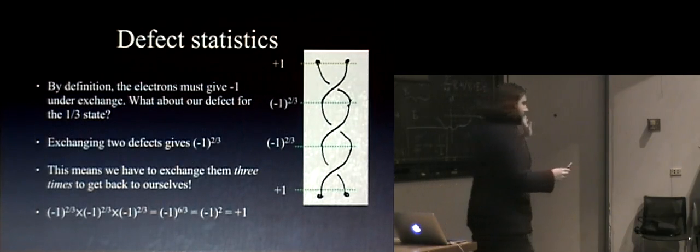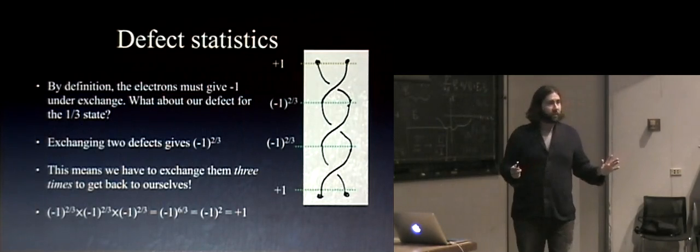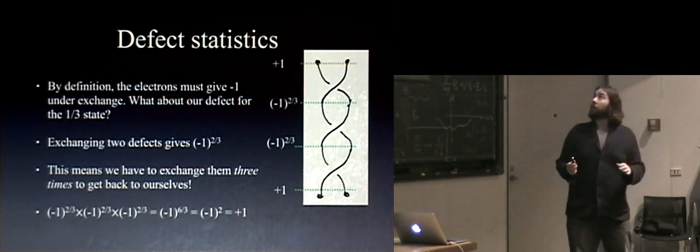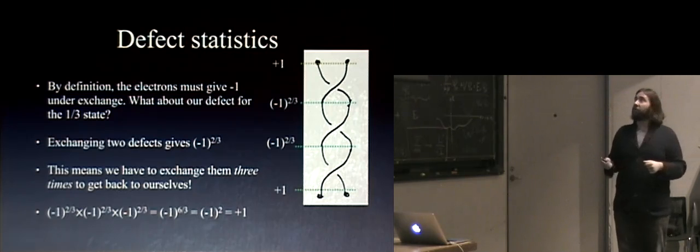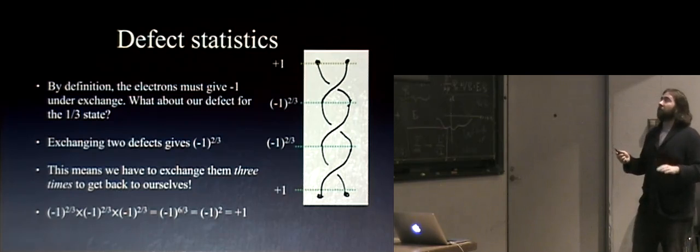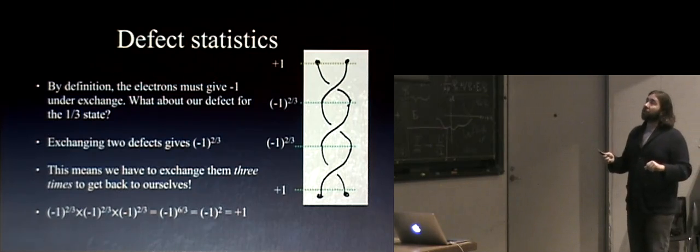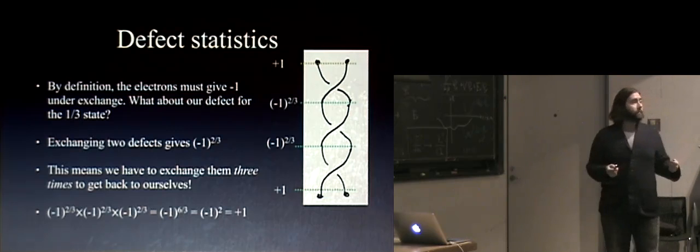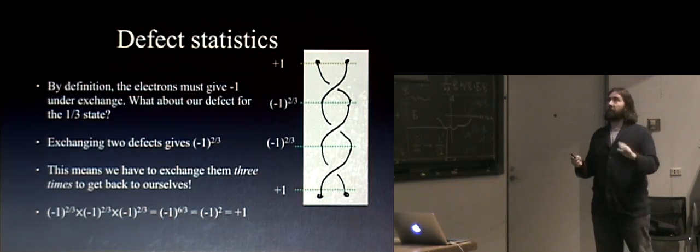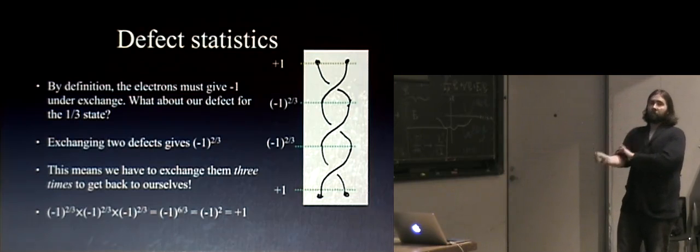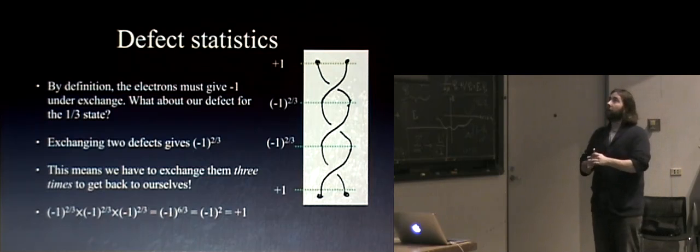And now it's not obvious, and I haven't proven this to you by any means, but it's true that we knew just from looking at the wave function, basically, it's a bit of a cheat, that if I exchange 2 electrons, I get a -1, okay? There's actually a more careful mathematical way of calculating what really happens when I exchange 2 electrons, but I'm not going to go into that in too much detail right now.